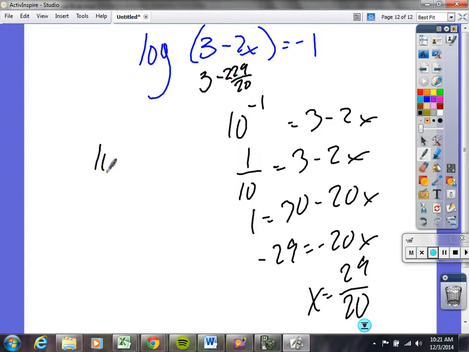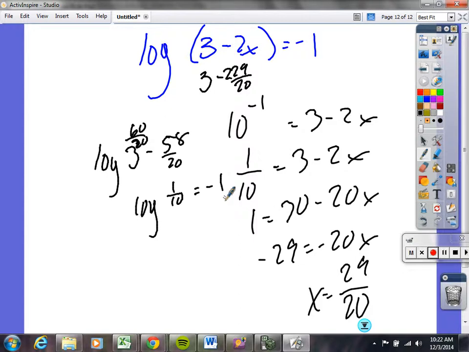So notice now that's log of 3 minus 58/20ths. Whoa, what the heck? You guys are doing decimals? Come on now, people. So this is 3 minus 60/20ths, right? So isn't that log of a tenth equals -1? Does that check?